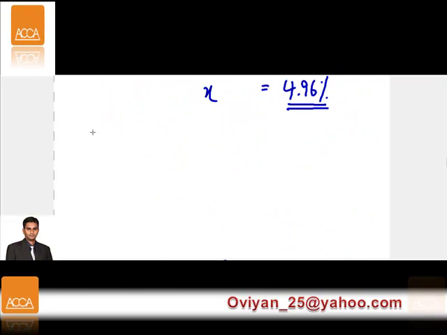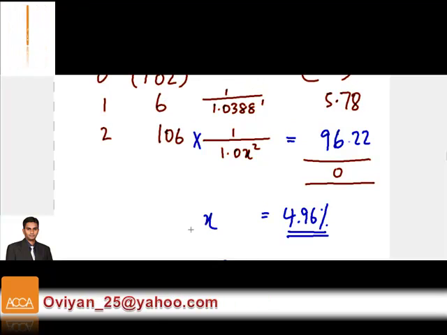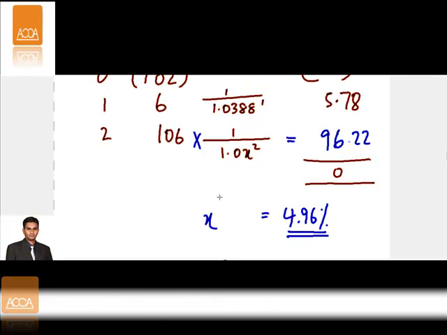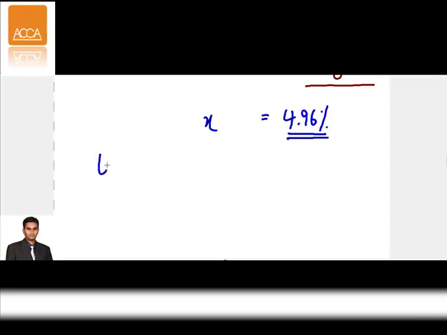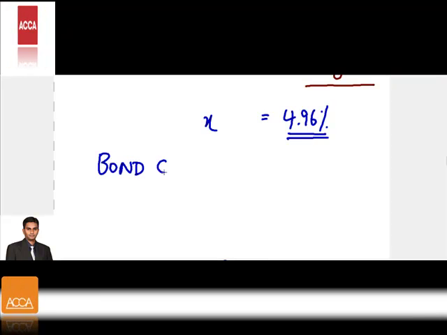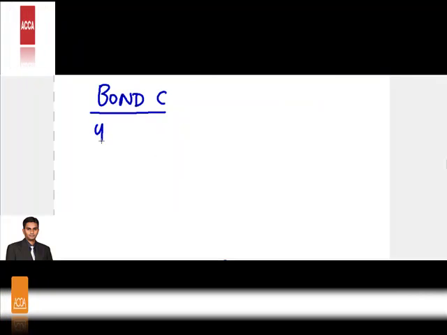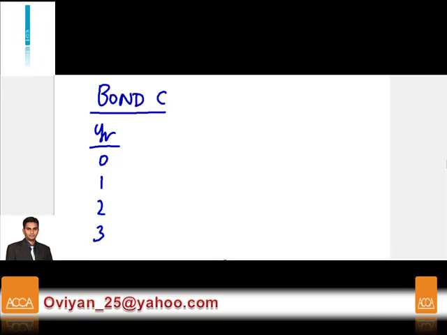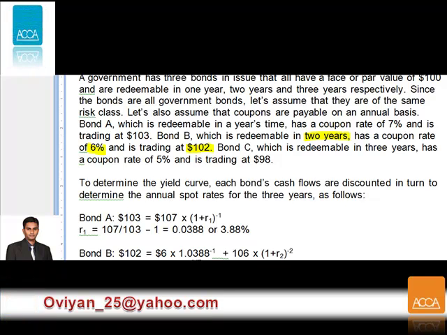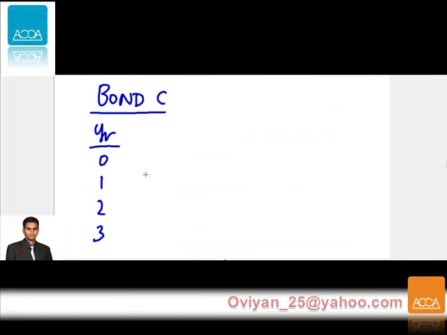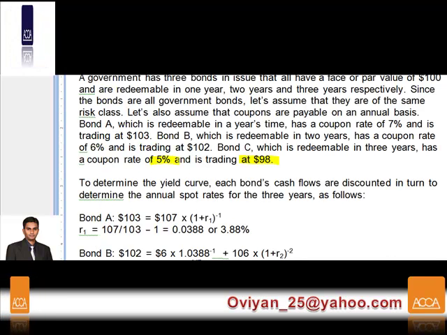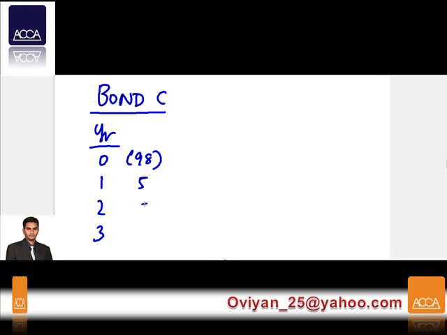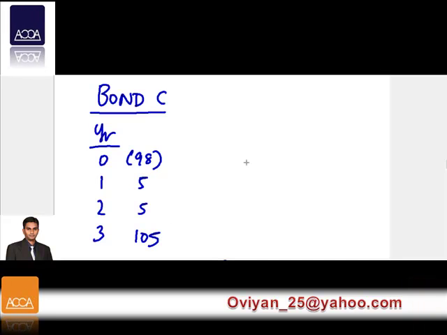Bond C now. Going to bond C will help us because all of them are of the same risk class. Bond C has a valuation today of 98, and it's going to give you a 5% coupon with redemption at par.